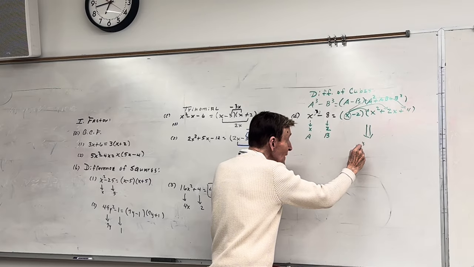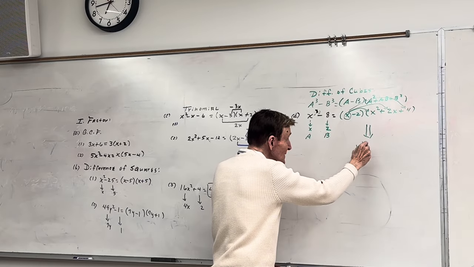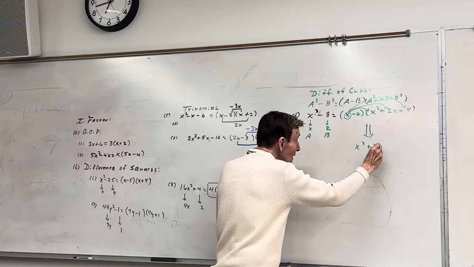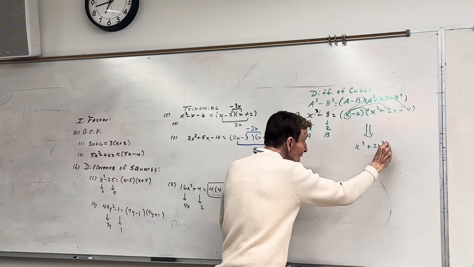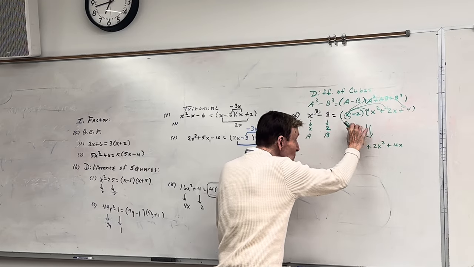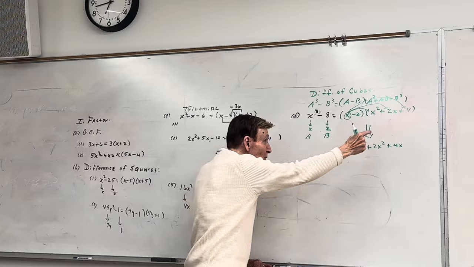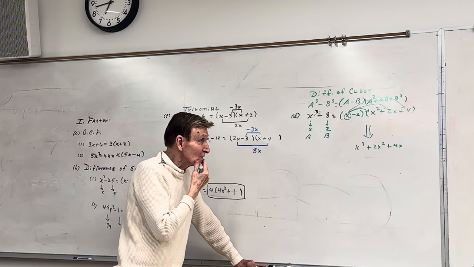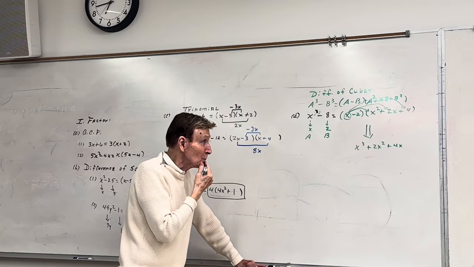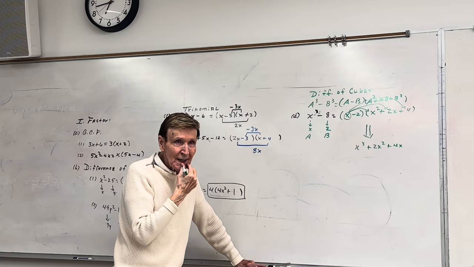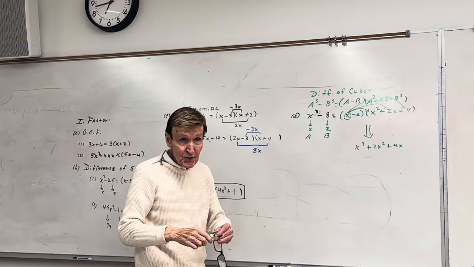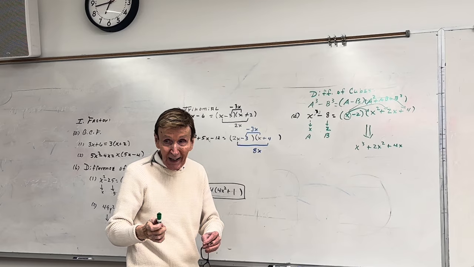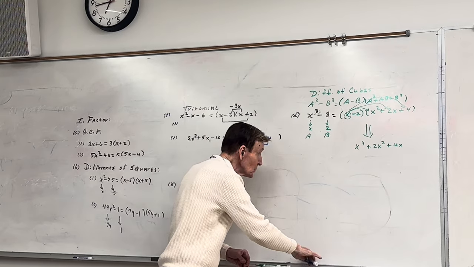Now help me out here. X times 2x is 2x squared. X times 4 on the end is 4x. There's each one of those terms, with x used as a product. X cubed plus 2x squared plus 4x. Am I finished with the distributive property or not? No. What else am I supposed to do?